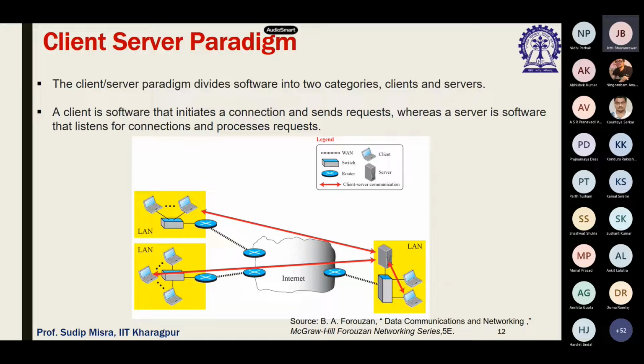For example, there is some server in the Google data center, and when you connect to that Google server, you are doing it from your IIT Kharagpur campus LAN, but the server is located somewhere else, maybe in a data center in San Francisco. You understand? So this is how things work.